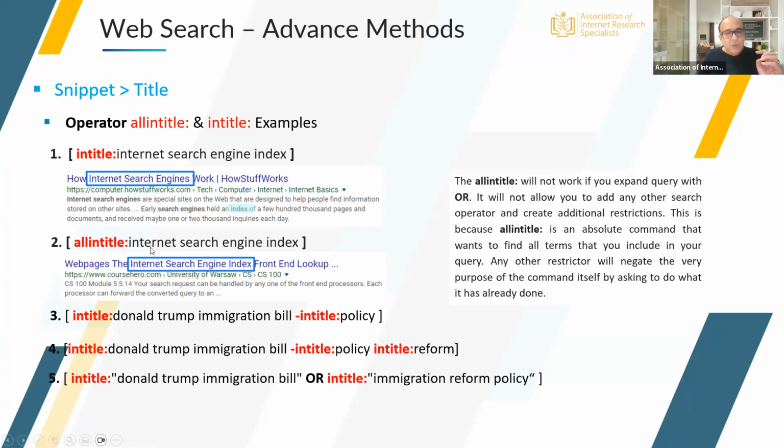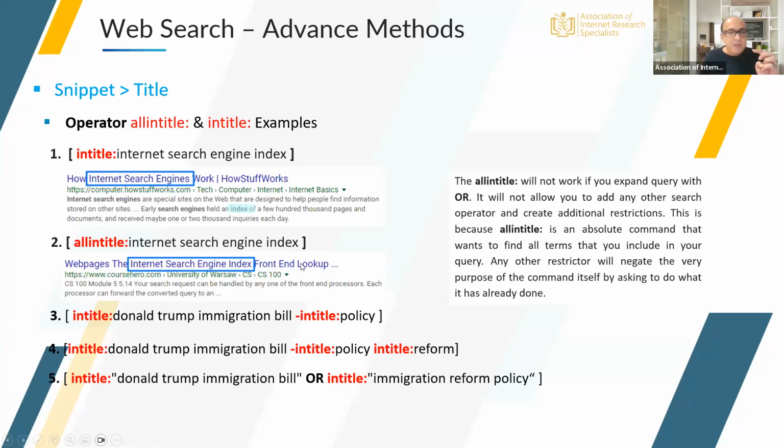But if you use all in title and do not put all four of them within quotation marks, the result would be that the title will contain one word like internet, not necessarily search engine followed by the word internet.